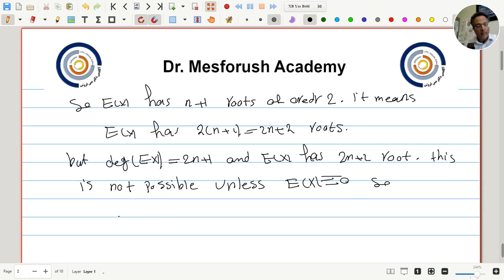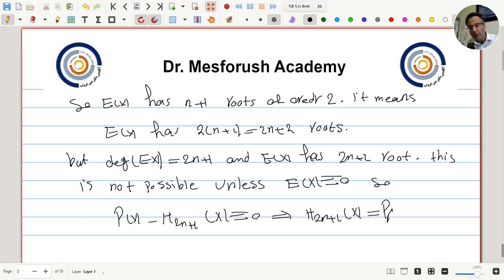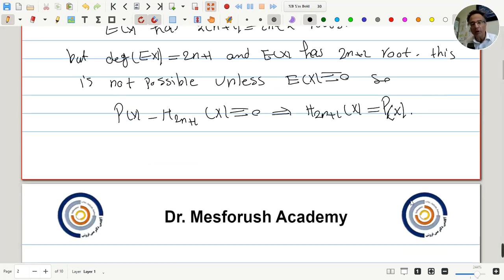So p(x) minus H_{2n+1}(x) should be equal to 0, and it means that H_{2n+1}(x) should be equal to p(x), and this guarantees the uniqueness of the Hermite interpolating polynomial. This is the second part of the proof.